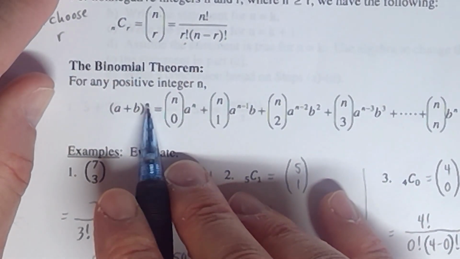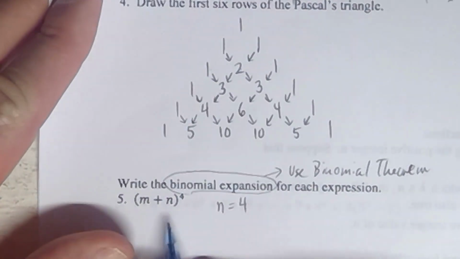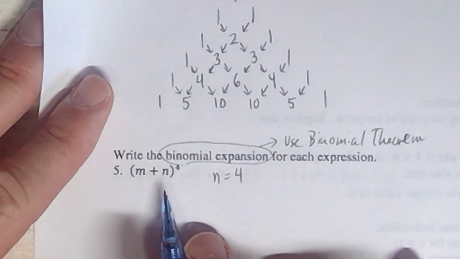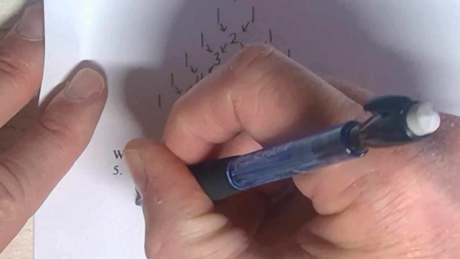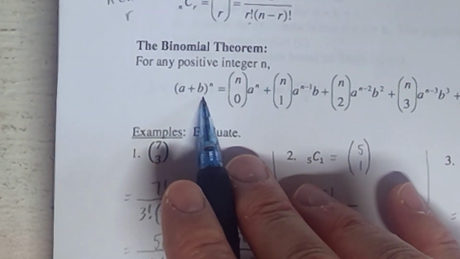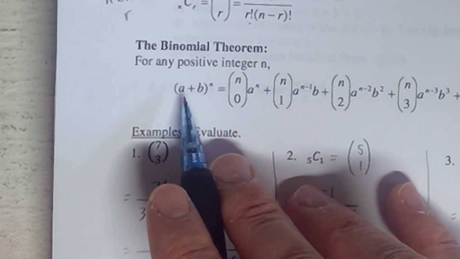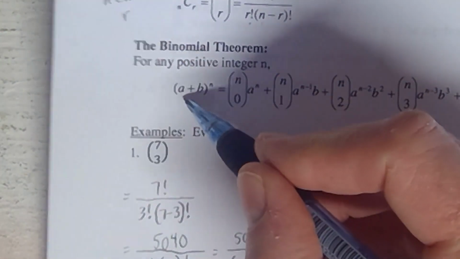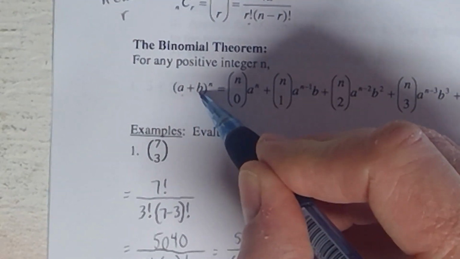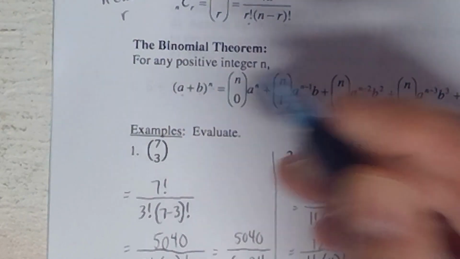That number on the outside is called the n number. I know we have an n on the inside, but that's a different kind of n. That's going to be your a and b terms right there. Going off of this formula, we've got a and b, and then we've got the n. So the a is the m right here from the current problem. The b is the n, and then the 4 is the exponent on the outside.